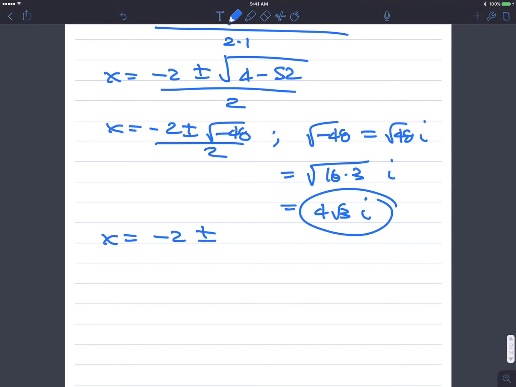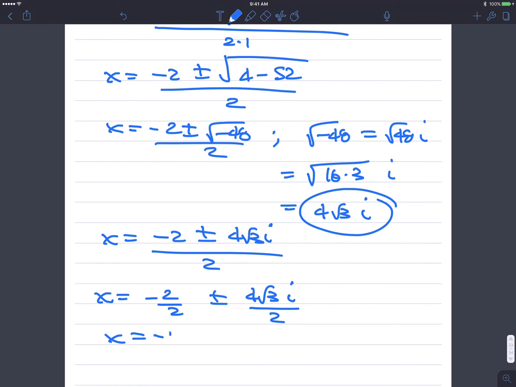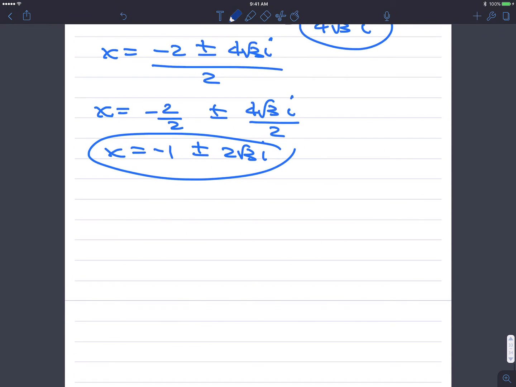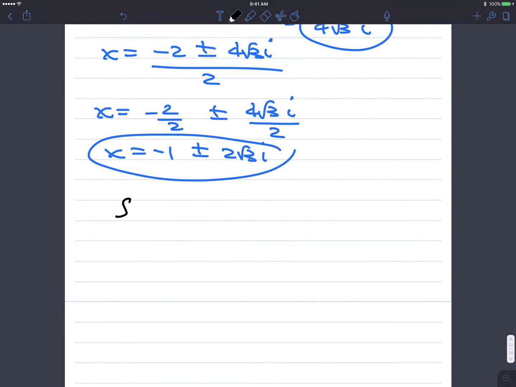Negative 2 plus or minus 4 square root of 3i, everything over 2. Negative 2 over 2 plus or minus 4 square root of 3i over 2. Negative 1 plus or minus 2 square root of 3i. This is my solution. I'm going to write this as a solution set: negative 1 plus 2 square root of 3i, negative 1 minus 2 square root of 3i.